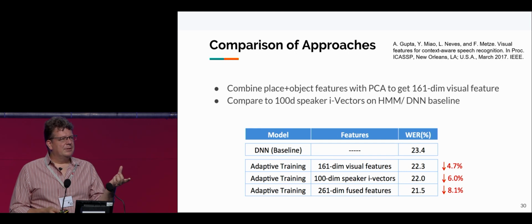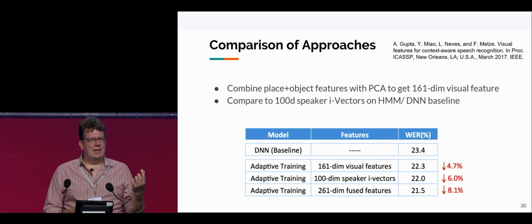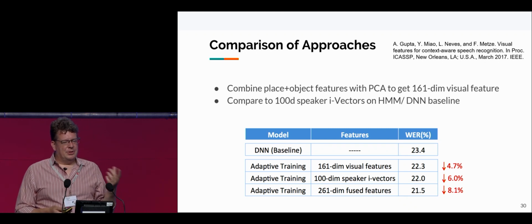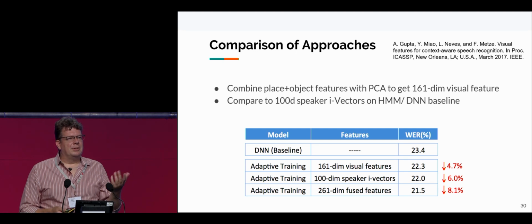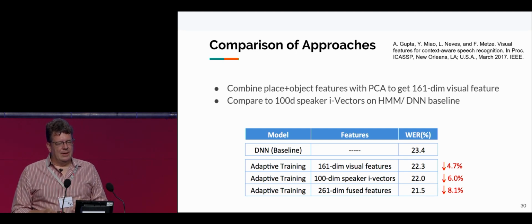But we can also extract a keyframe from the video that corresponds to the segment, convert it into a 100-dimensional representation, and use it to train a neural network using standard techniques that we also use for adapting a recognizer with I-vectors.